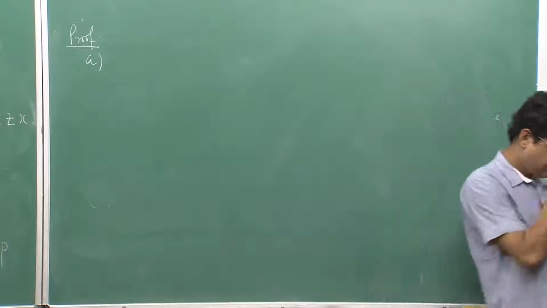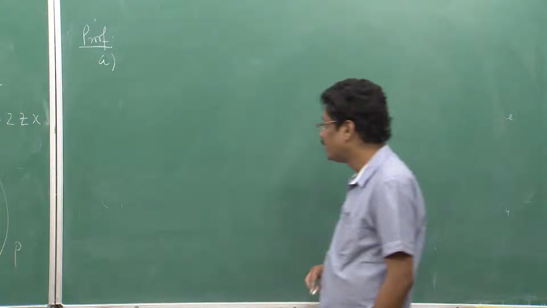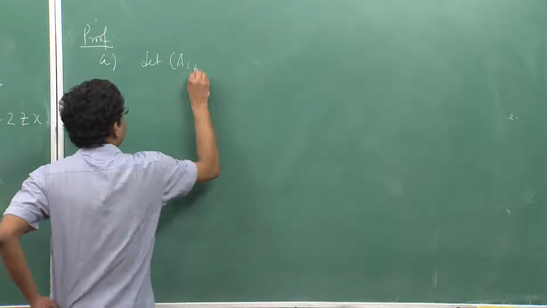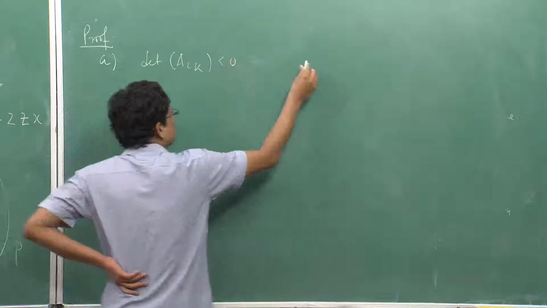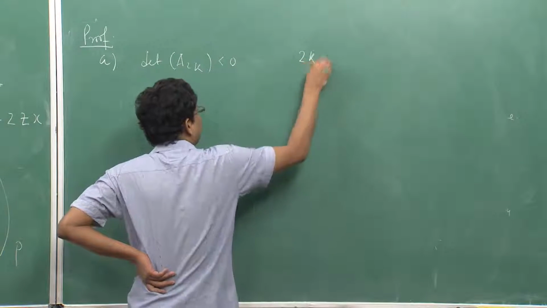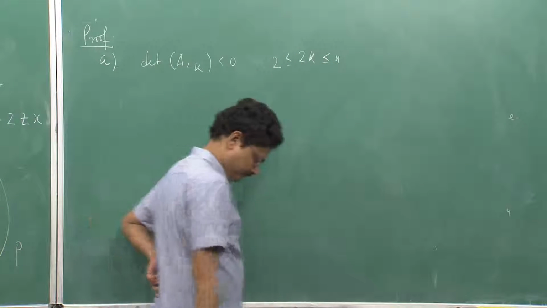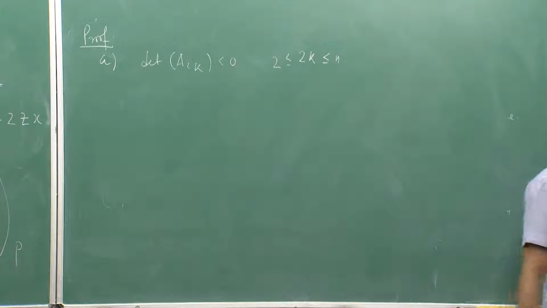What is the assumption? The determinant of A2k is less than 0 for some 2k, less than or equal to n, greater than or equal to 2.